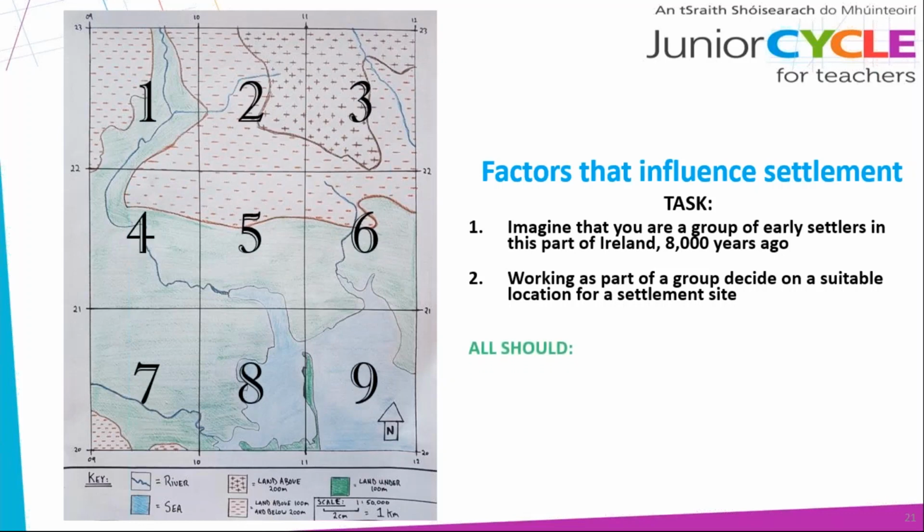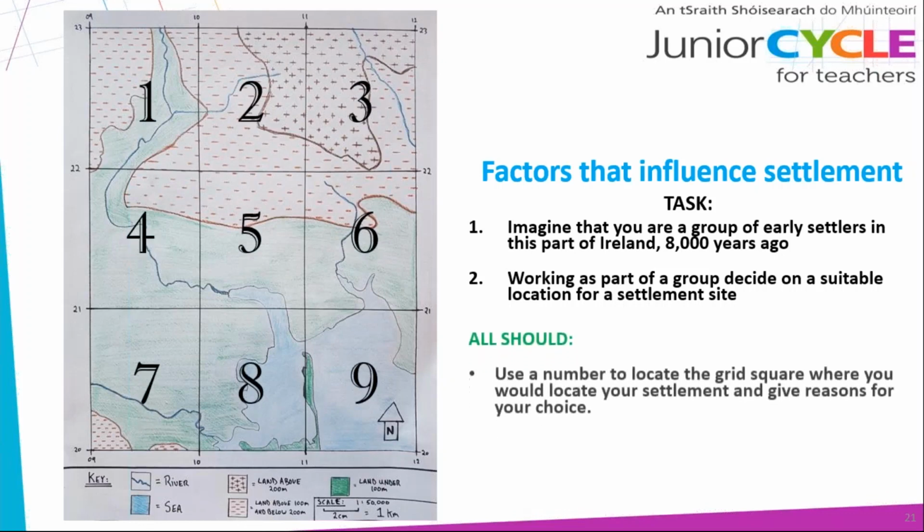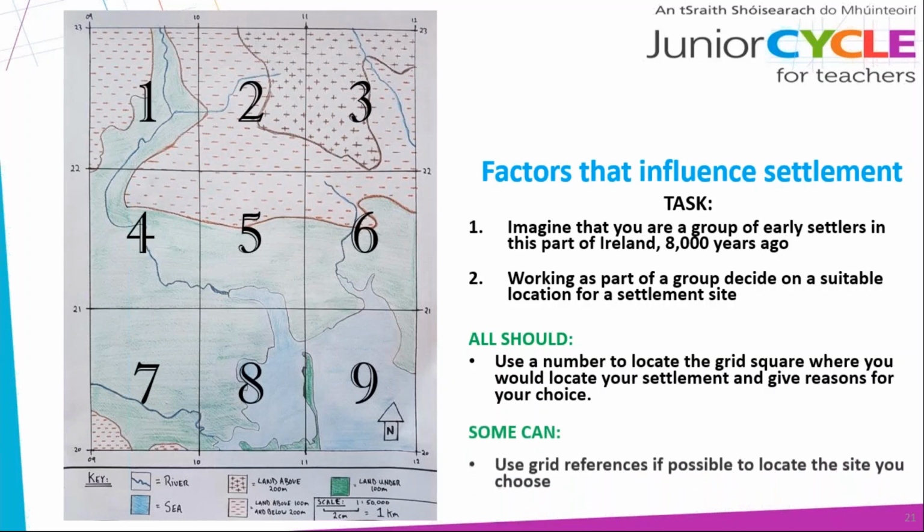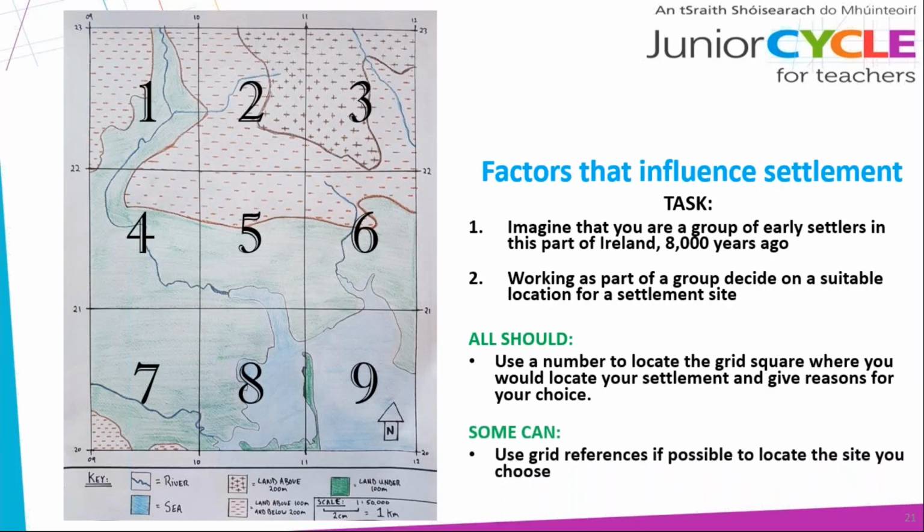The activity has been differentiated by offering the option of using the number of the square or a grid reference. These instructions also act as success criteria by helping to guide the students as to what they're being asked to do. The students are then given time in groups to work together to come up with a suitable site backed up by reasons for their choice.